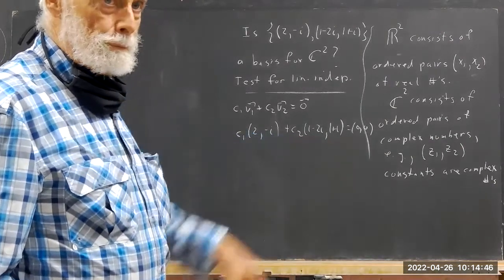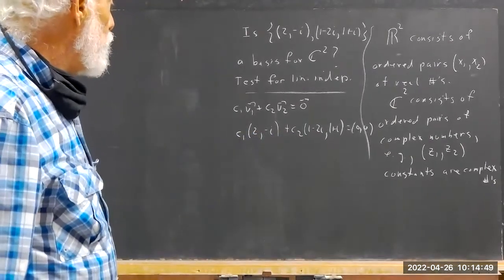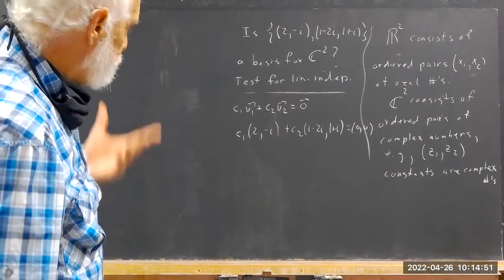This gives you the zero vector, which would be 0, 0.